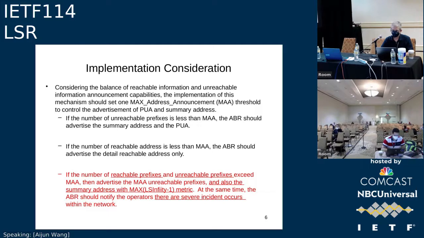If the number of reachable addresses is less than the MAA, the ABR should advertise the detailed reachable addresses only. If both the reachable and unreachable prefixes exceed the MAA, then the ABR should advertise MAA unreachable prefixes and also set the summary address with the max metric. At the same time, the ABR should notify the operator that there are several incidents occurring within the network.